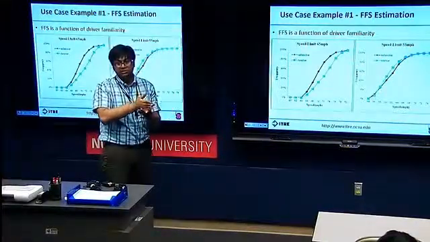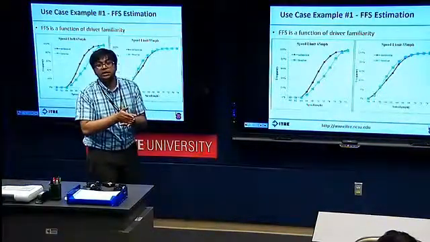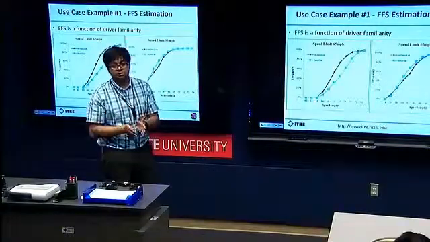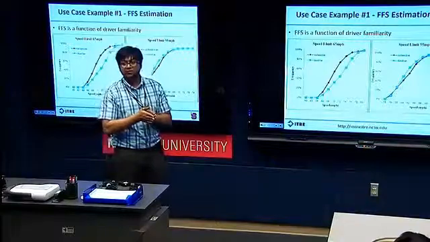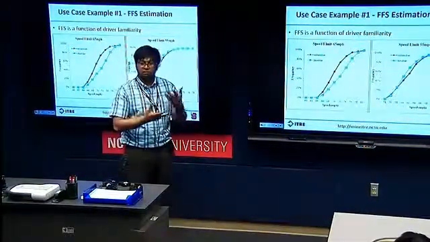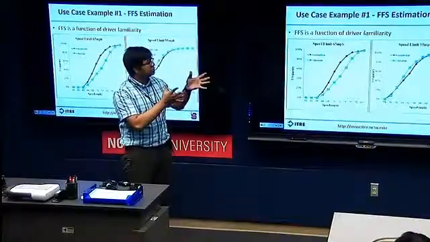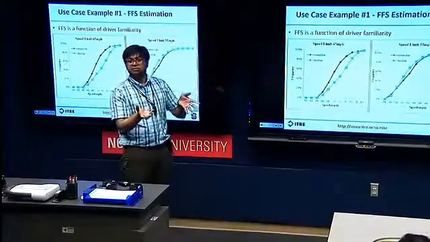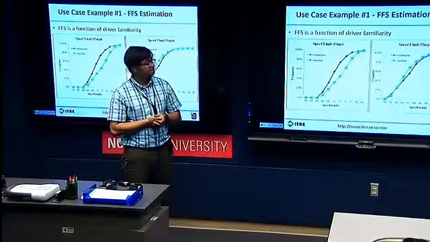Is 30 trips a year a good threshold for familiarity or not? Maybe or maybe not. It's up to the researcher. So we could move the needle, see how much difference you get, and see if this makes sense or not. But in general, this pair of graphs makes sense to what we expect.